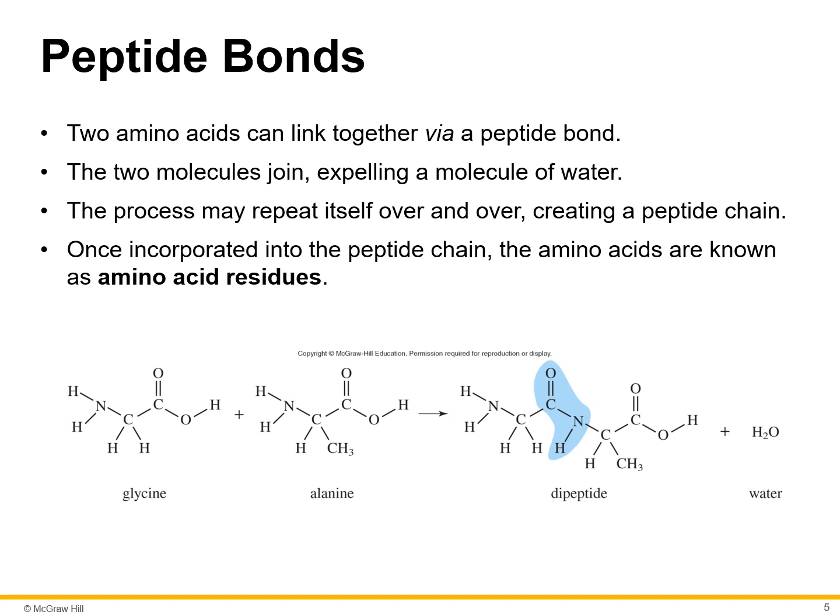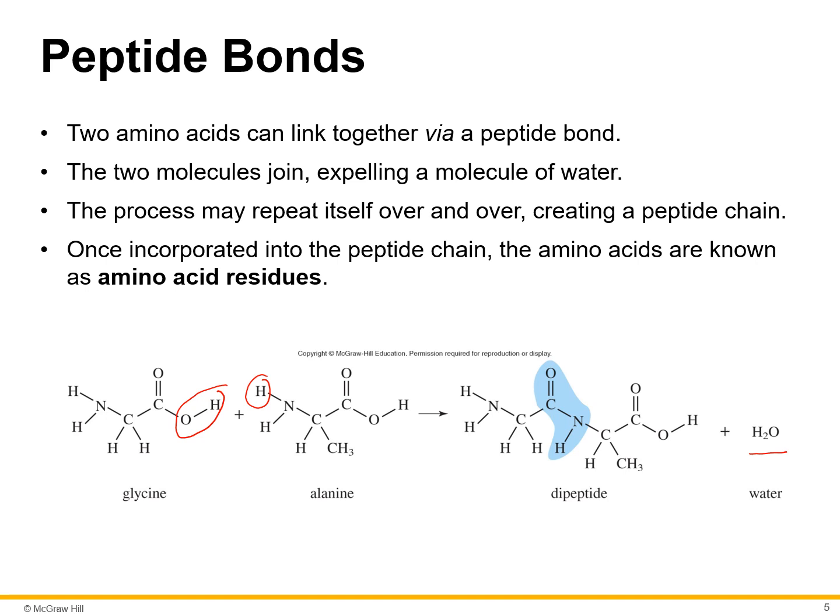When 2 amino acids come together, just like the glycosidic bond, water is a product. So here you see the peptide bond, where the OH of the carboxylic acid reacts with the H of the amine, hence amino acid.